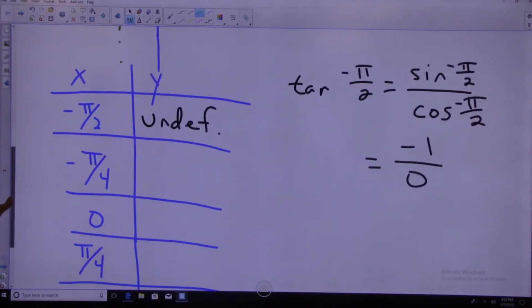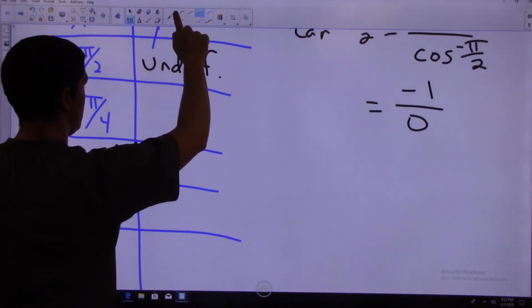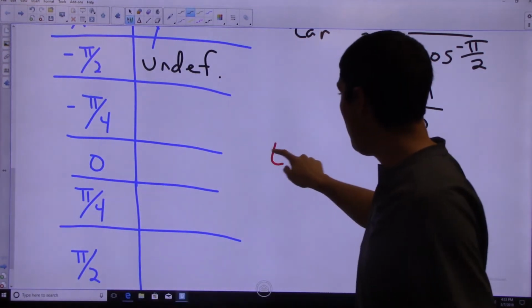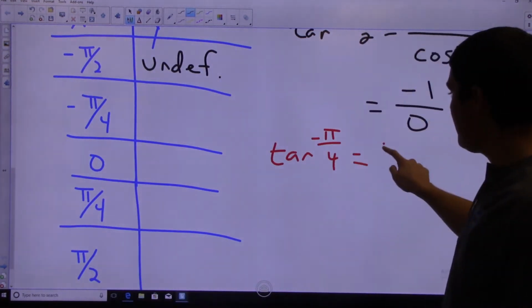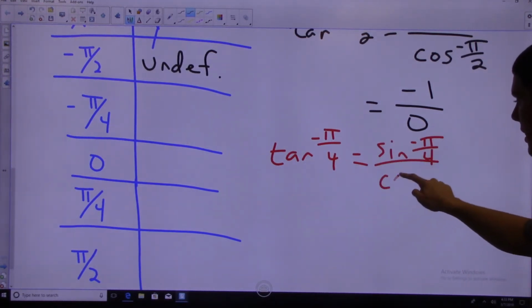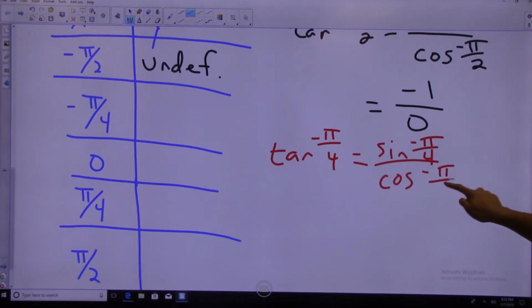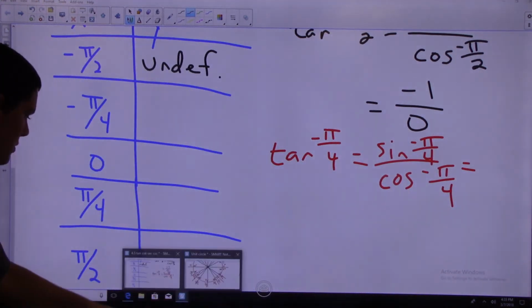The next one is negative pi over 4. Let me do this in red. So if we want to find the tangent of negative pi over 4, that is the same thing as sine of negative pi over 4 over cosine of negative pi over 4. So let's walk through this. So the sine of negative pi over 4, first of all, let's find negative pi over 4 on our unit circle. Let's do that first.